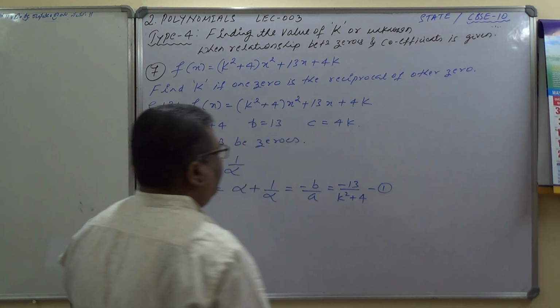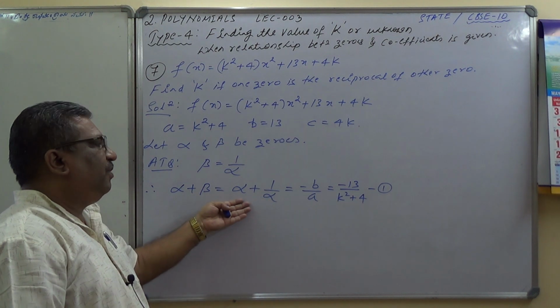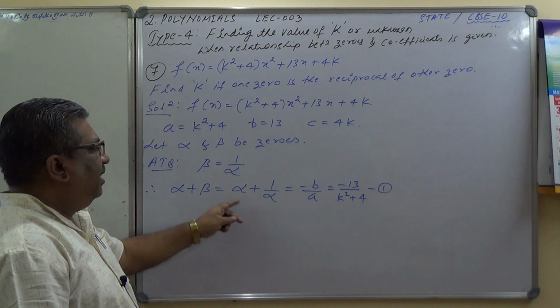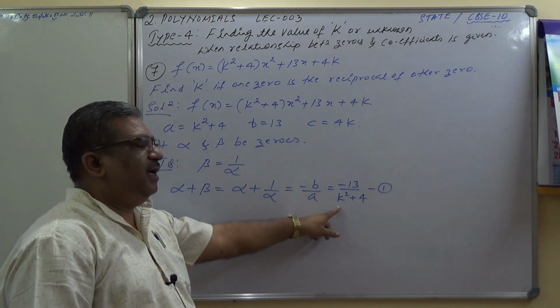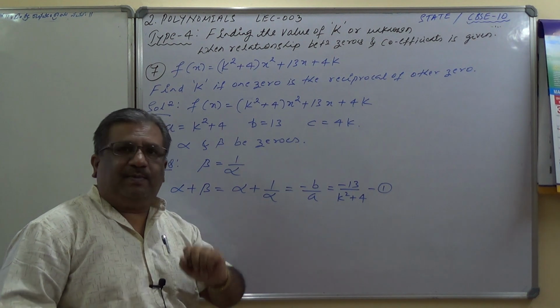Mark it as 1. I really do not know whether I should make use of this equation to find the value of alpha. Here alpha is unknown and k is unknown. Definitely two unknowns, one equation, it is not possible to solve.